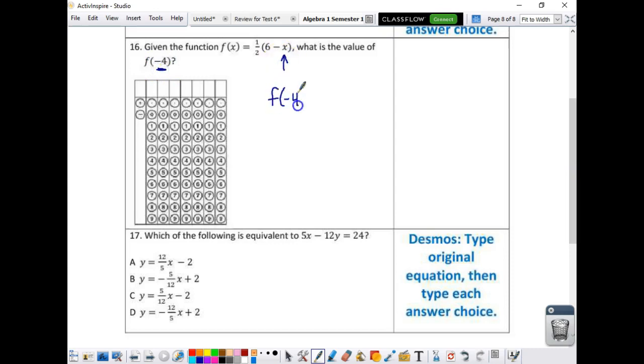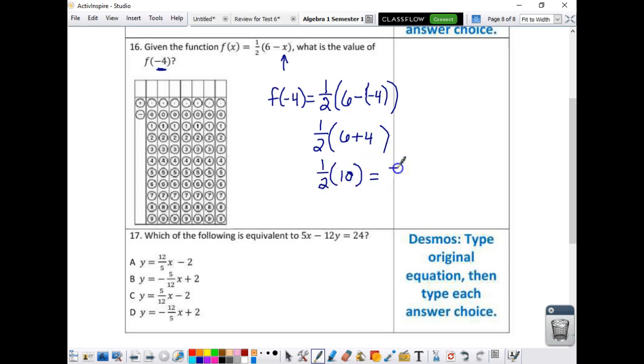So f of negative 4 will be 1/2 times 6 minus negative 4. Okay, and then you can simplify, you can type this into your calculator, or you can work it out by hand. 1/2, 6, this ends up being plus 4. So half of 10 equals 5.